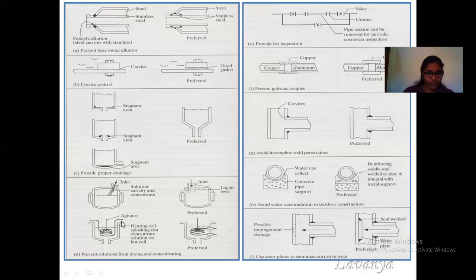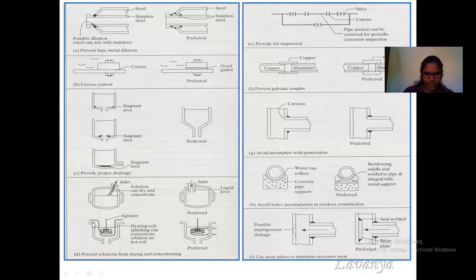And this is another type of model for inlets. This is one inlet which is in this shape, and where we use the agitator. This is another shape. An inlet can have this type of model so that the liquid can easily enter, and this is the preferred one.